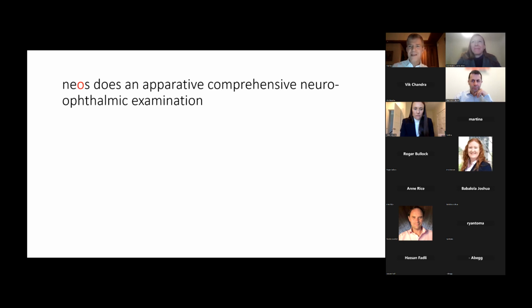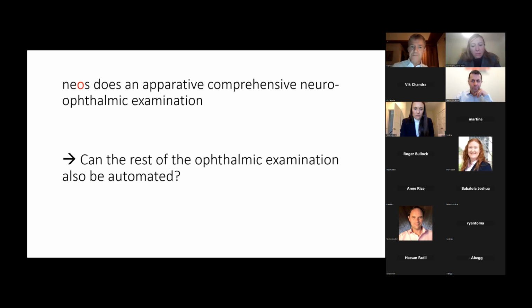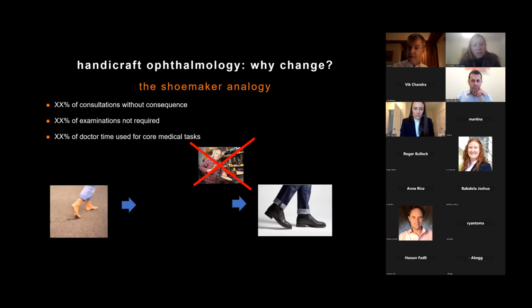Okay. So very briefly, what I showed you here is that this neuro-ophthalmic exam can be done in an apparative manner. Then we wondered, there are a lot of other devices that examine the eye, called optical coherence tomography, autorefractometers, and many others. We wondered, can we combine all these technologies to make a comprehensive eye exam?